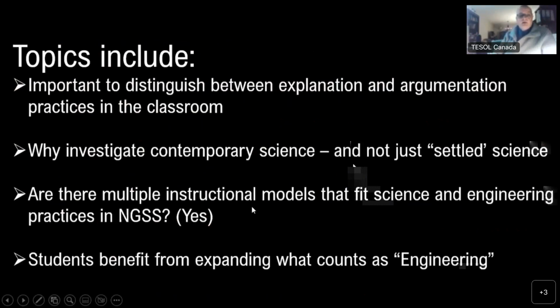Are there multiple instructional models that fit science and engineering practices in NGSS? Yes, there are. Students benefit from expanding what counts as engineering. So engineering is not just about building a bridge. Engineering has many other aspects to it as well.